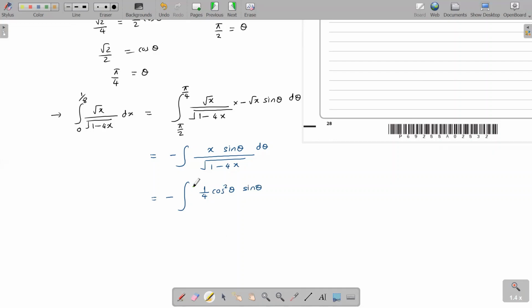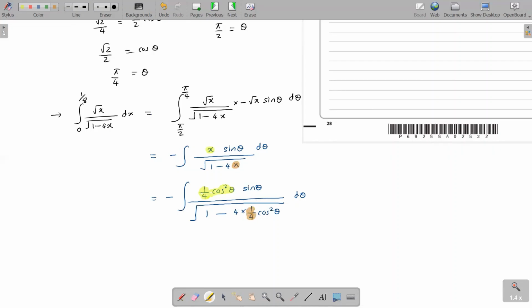So this is me replacing the x here, divided by root 1 minus 4 times x, where x is 1 over 4 cos square theta. Are you with me? So here I've replaced this x down here.